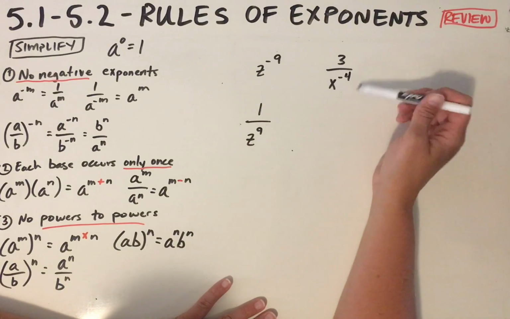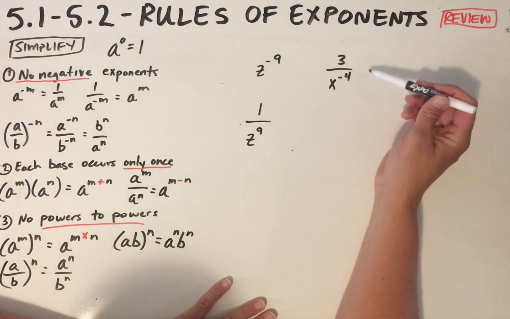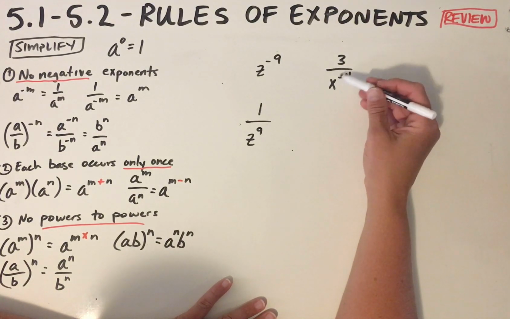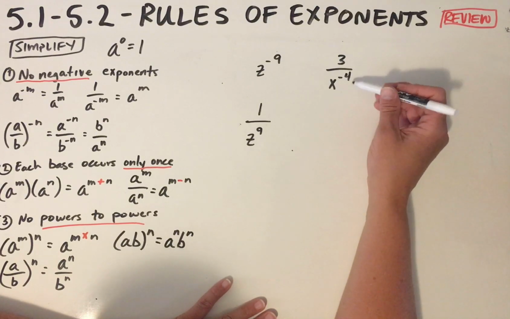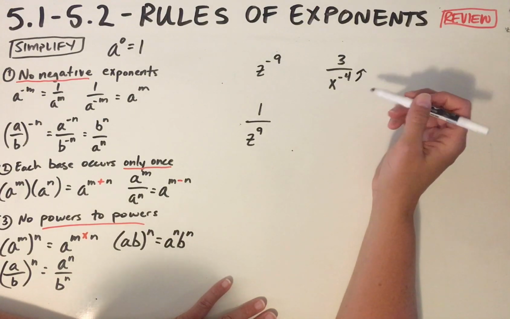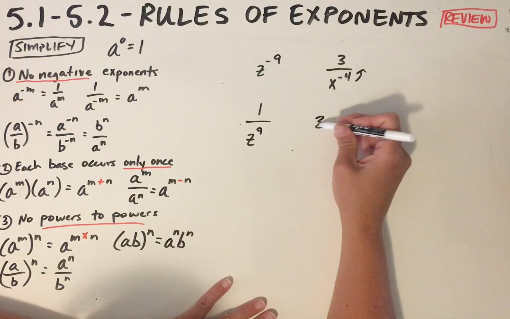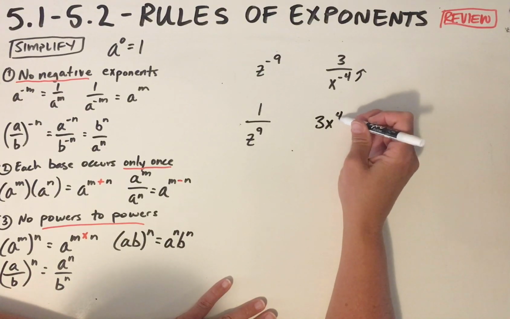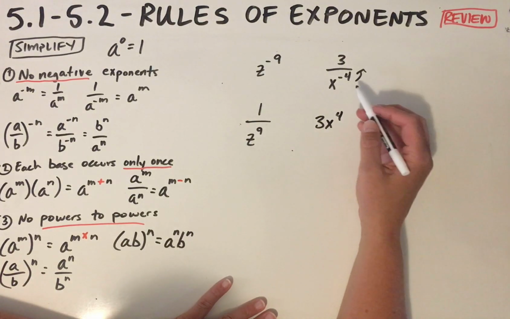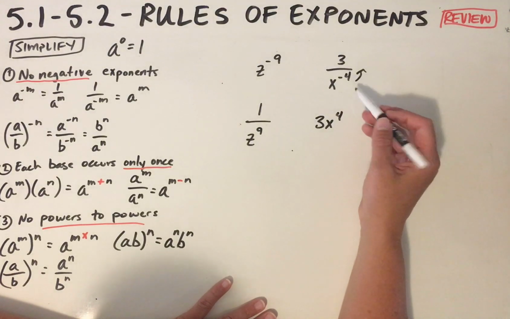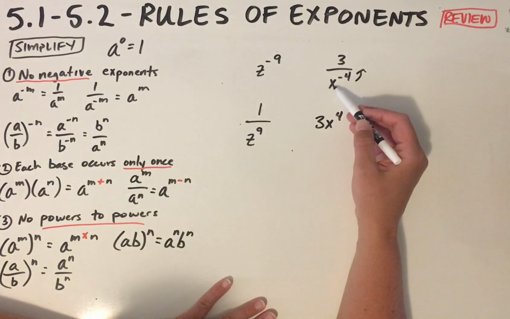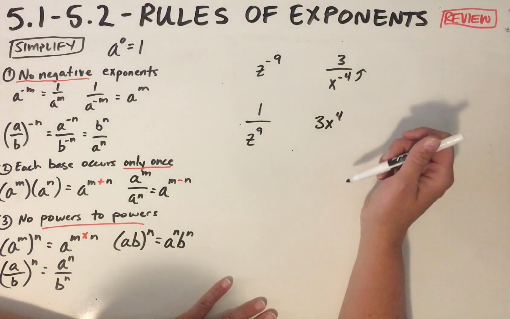And the only issue with this expression is that this exponent right here is negative. But to make it positive, I'm going to put it upstairs. So I already have a 3 up there, and I'll just have x to the 4th. Well, what becomes positive is only the exponent, and it takes with it its base. And in this case, its base is x, so x is going to go upstairs.